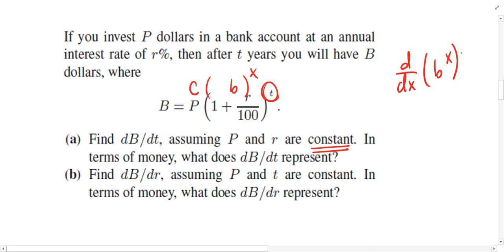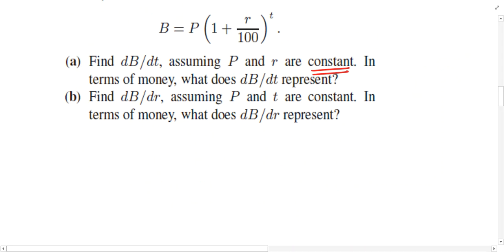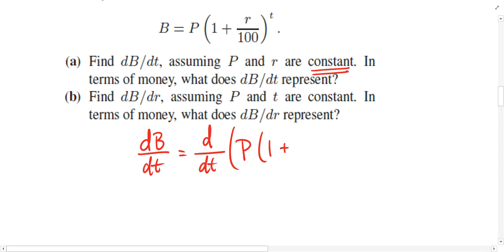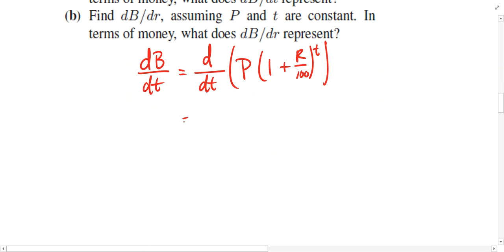We'll utilize that here in part A. So again, if B is equal to this equation, then dB/dT, the derivative of B with respect to T, would be the derivative with respect to T of this entire equation. And when calculating the derivative of a function with a constant in front, we can move that constant to the outside.